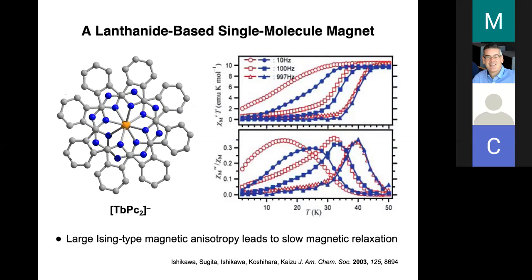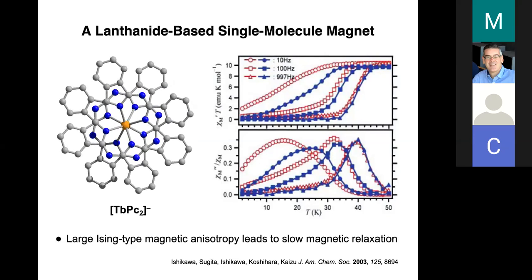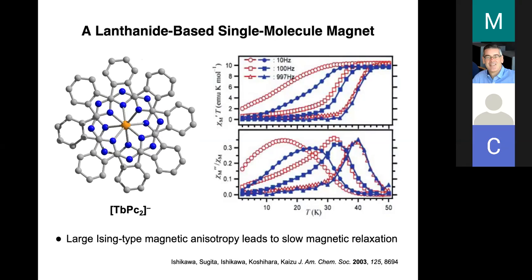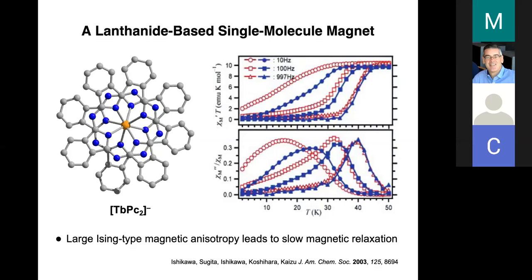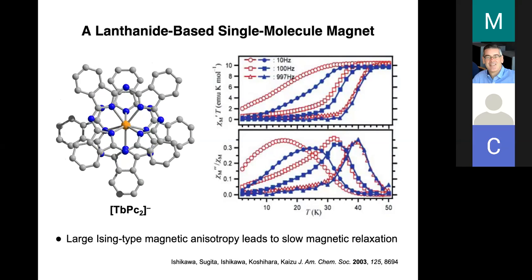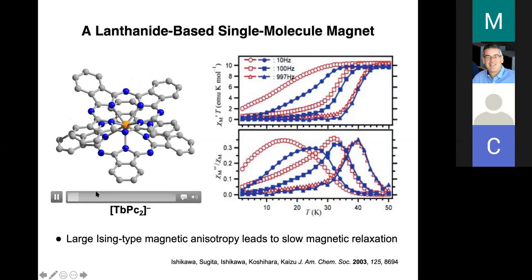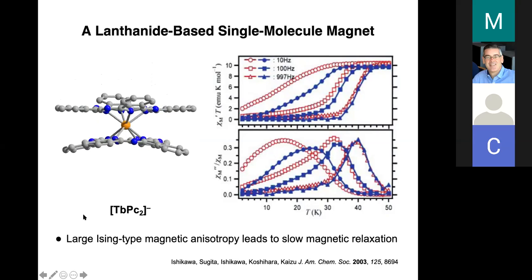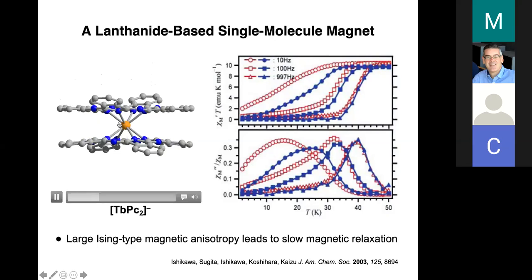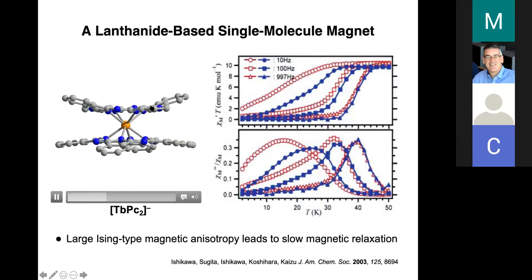And this all started really about 17 years ago with a report from a Japanese lab. This is work from Ishikawa. And they studied the magnetic properties of this sandwich complex where you've got a terbium center.